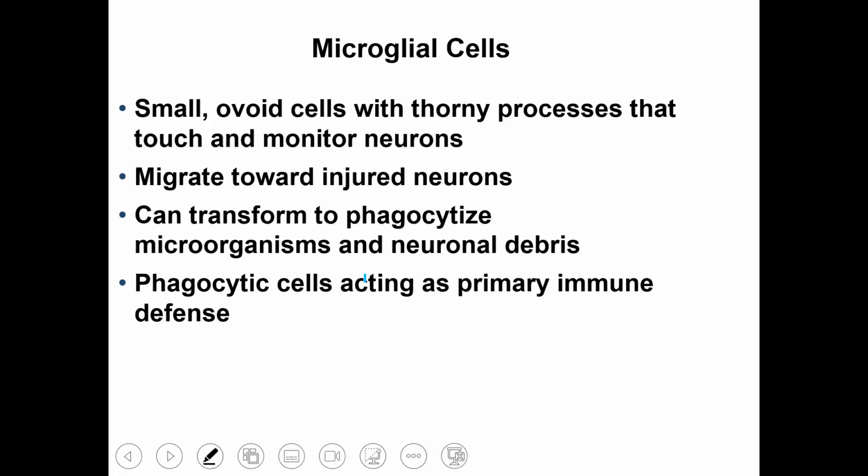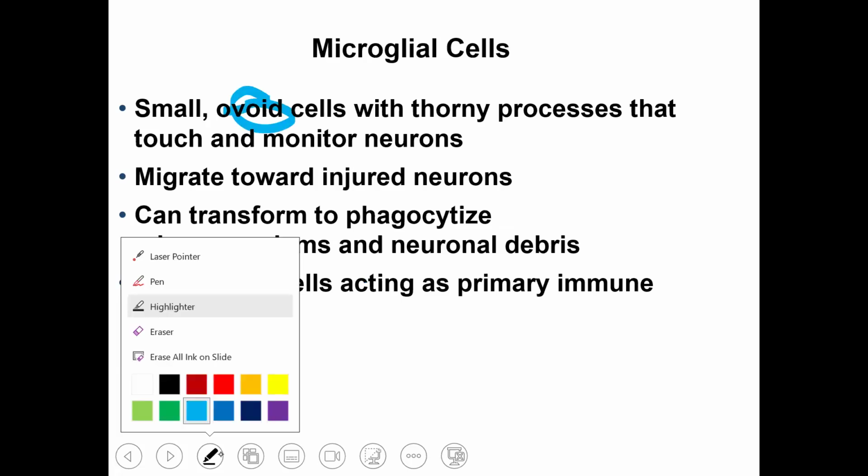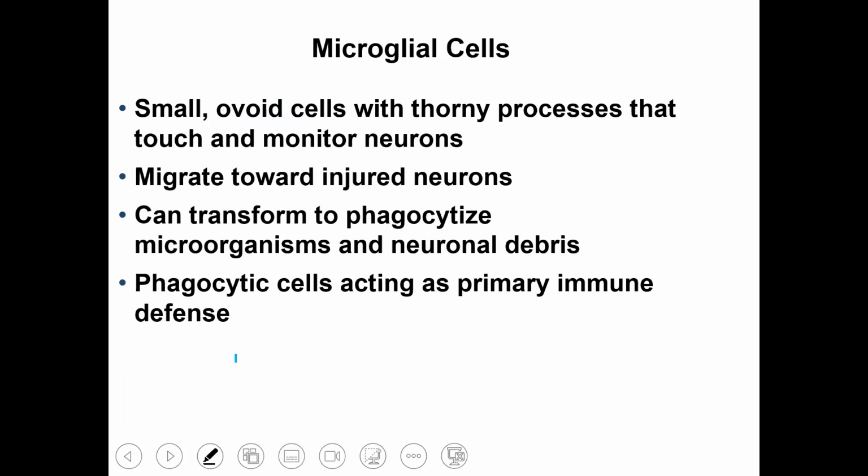Microglial cells, these are small and ovoid, or they kind of resemble an oval, okay? Ovoid, with thorny processes that touch and monitor neurons, and they migrate towards injured neurons. So think about that neuroimmunology kind of overlap, right? They transform to eat up, or phagocytize, microorganisms and neuronal debris.